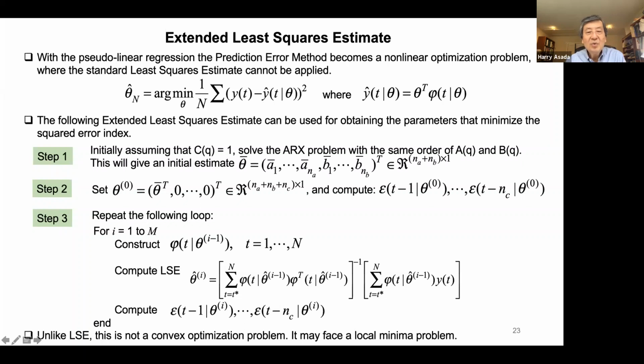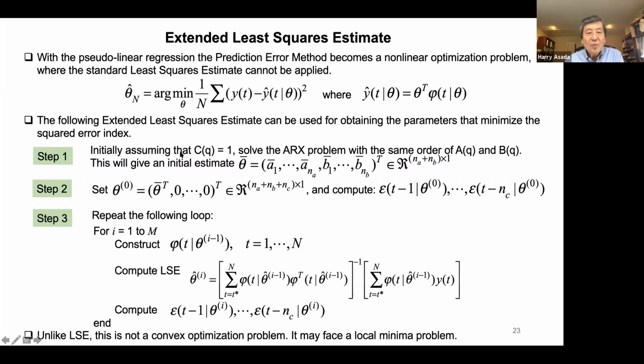With the new, better theta values, we construct y hat again, and then do the second round of minimization.